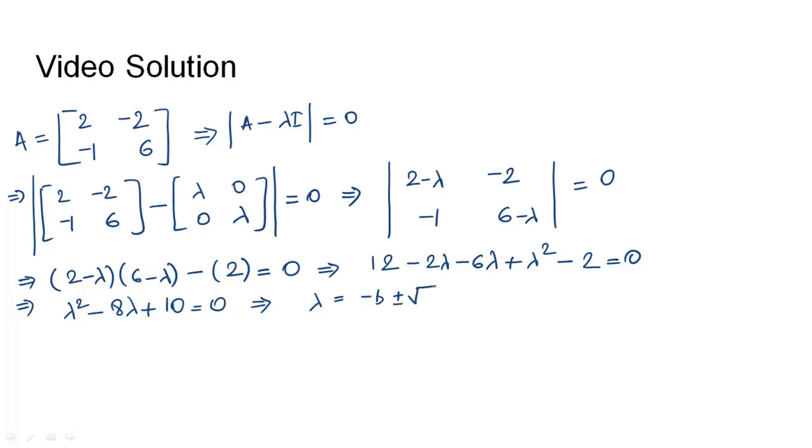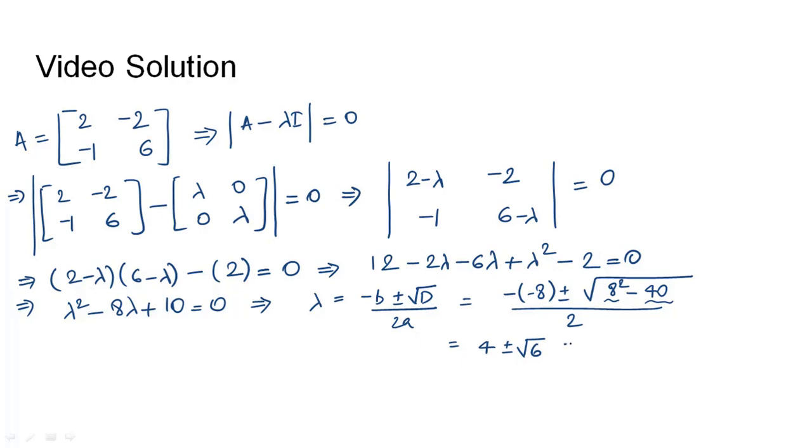That is minus of minus 8 plus minus root of 8 square minus 40, by 2, which is 4 plus minus root of 64 minus 40, that is 24, which is 2 root 6, so it will be root 6.